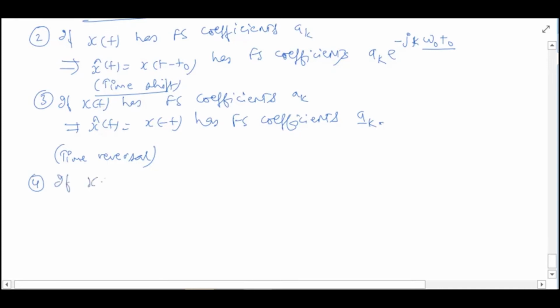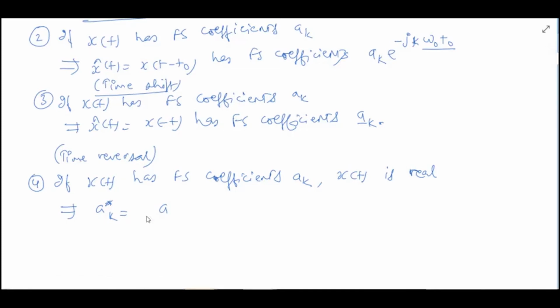If x(t) has Fourier series coefficients a_k and x(t) is real, then a_k star will be the same as a_minus k. So this is the property that we had seen earlier also, but I have put it here so that all the properties are there in one place.